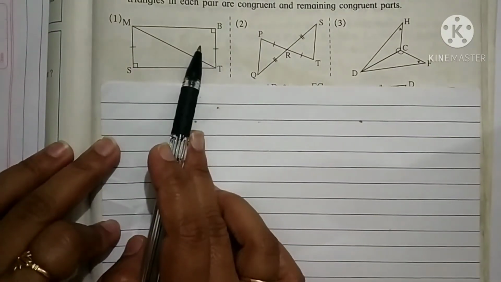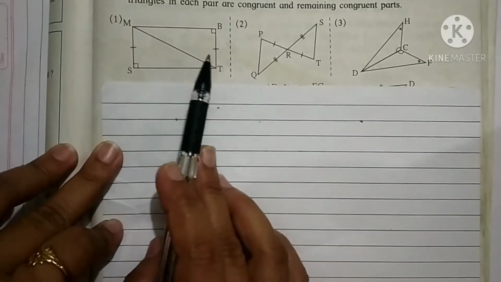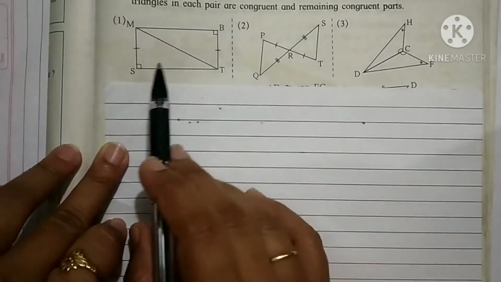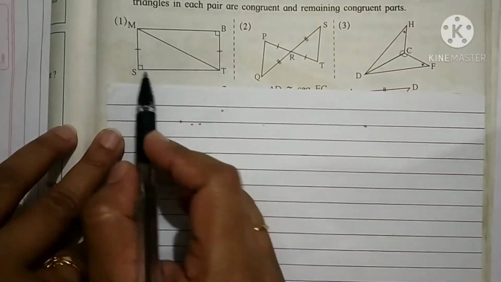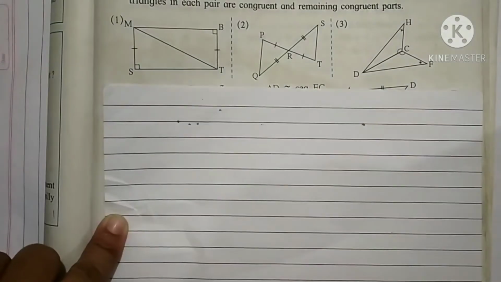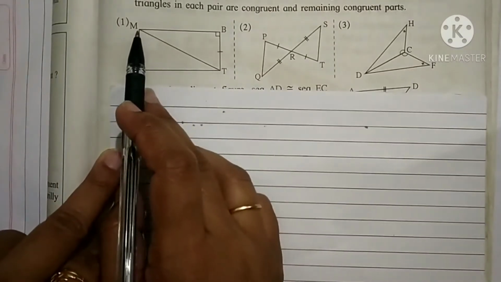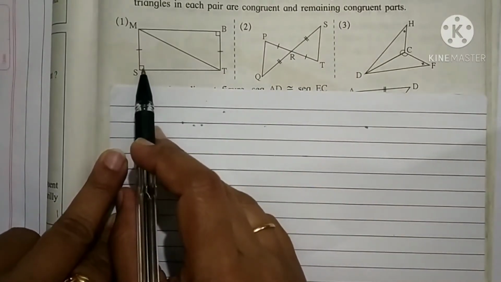Observe this diagram. Here we have triangle MST and triangle TBM. In triangle MST, angle S is equal to 90 degrees.